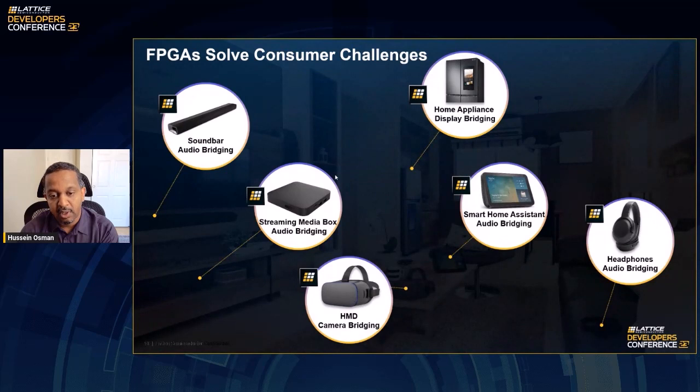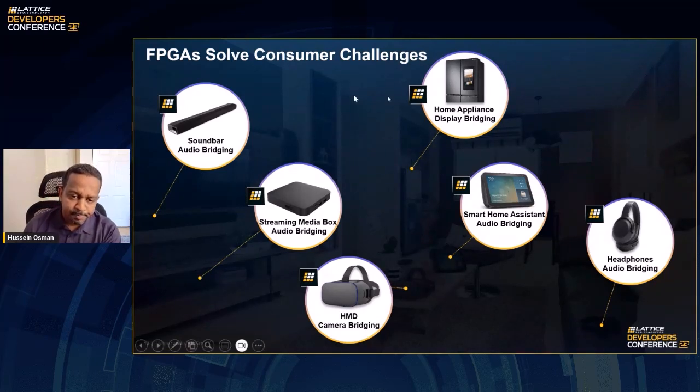These are normally IO related applications. HMDs, headsets, and AR, VR sets. You see there are many cameras on those devices, and they need to go to an SoC. Home appliances such as display driving, home assistant devices and audio bridging, headphones, also audio improvement and audio conversion.